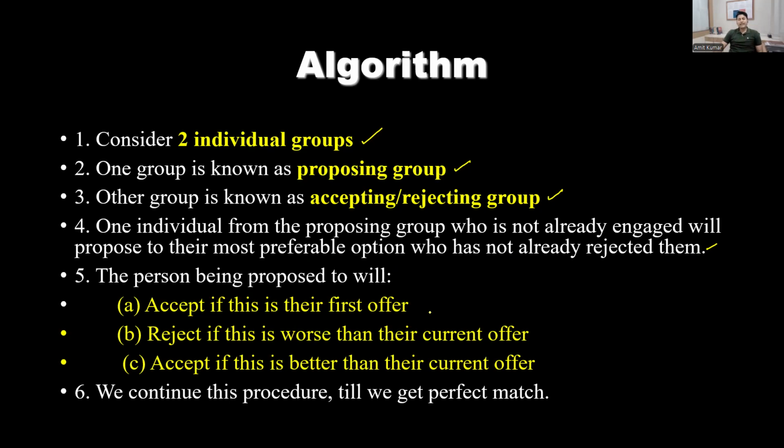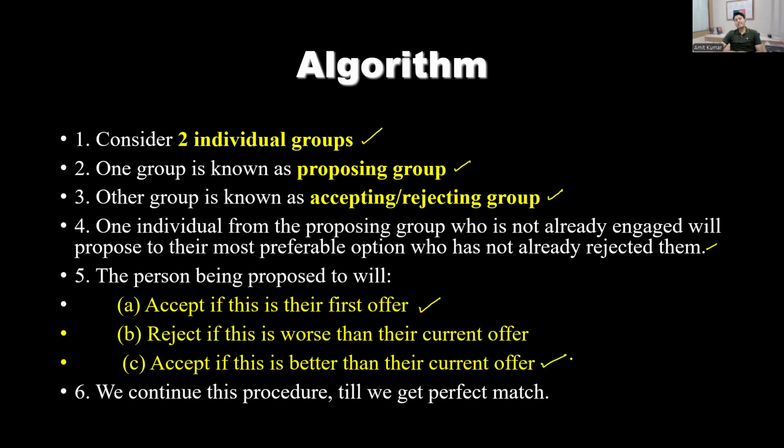The proposal will be accepted by X if this is the first offer received. The offer will be rejected if it is worse compared to the current choice he or she has. The third one is that it will be accepted if it is better than the current option.